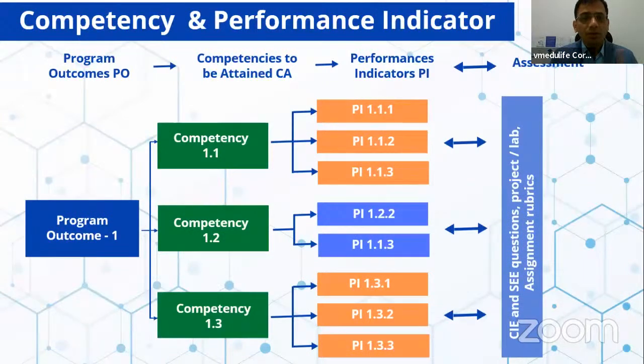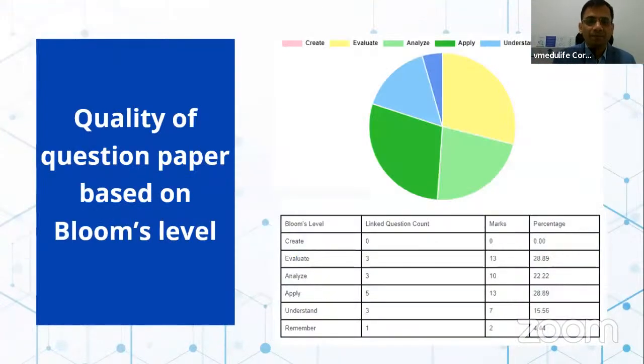These performance indicators will be linked with our various types of examinations and assessment parameters. Earlier, what used to happen? We were just mapping our COs with the different evaluation parameters. But now we can also involve these indicators for our continuous internal evaluation, semester end examinations, projects, assignments, and rubrics. This is the qualitative and quantitative significance of these competencies and performance indicators. This report will signify the quality of our question paper based on the Bloom's level.